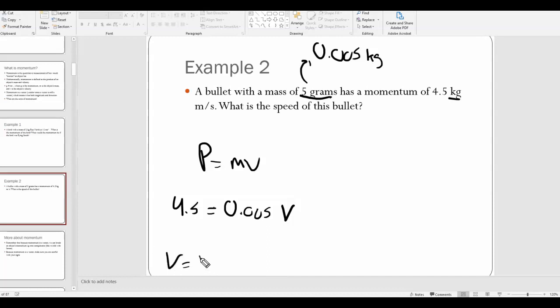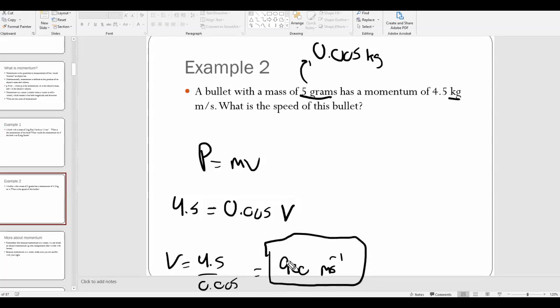So v equals 4.5 divided by 0.005. I'll put that into my calculator, and I get 900 meters per second as the velocity. And that's also the speed, because the speed is just the magnitude part of velocity, as we know from past units. So, 2 very basic examples involving momentum.